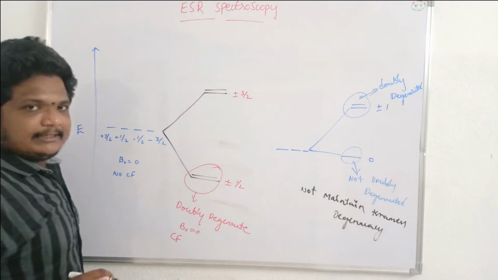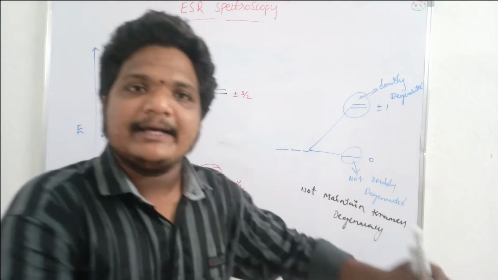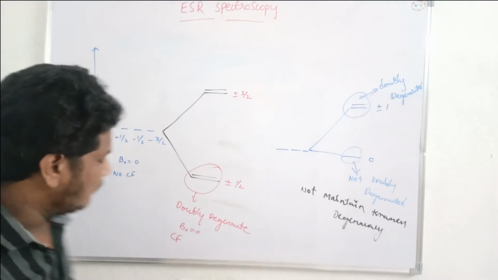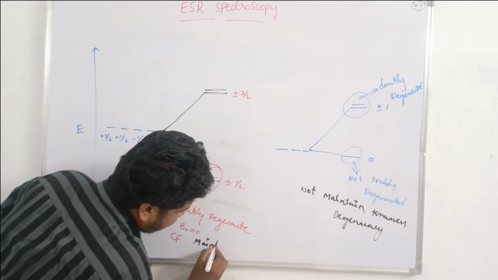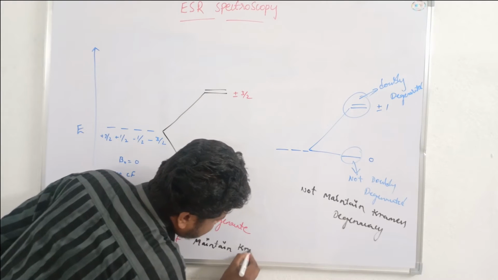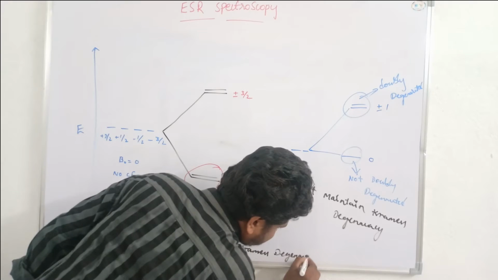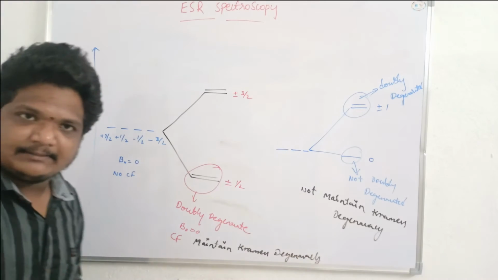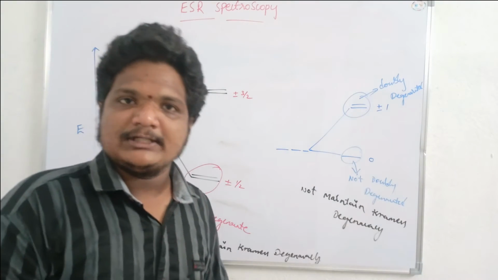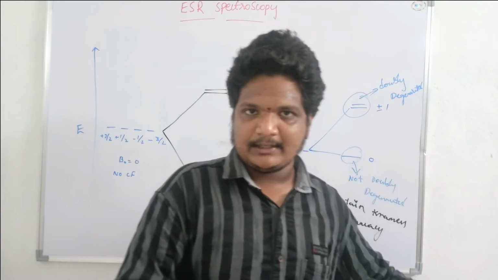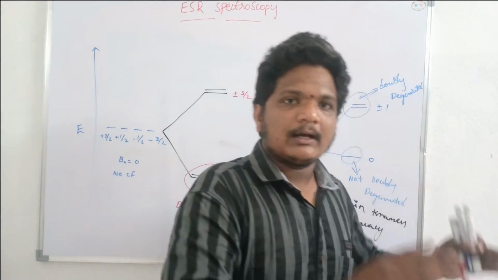In the case of the d3 system, all the energy levels maintain the Kramers degeneracy. Here Kramers degeneracy means, in the case of zero field splitting, if all the energy levels are doubly degenerate, those systems maintain Kramers degeneracy.